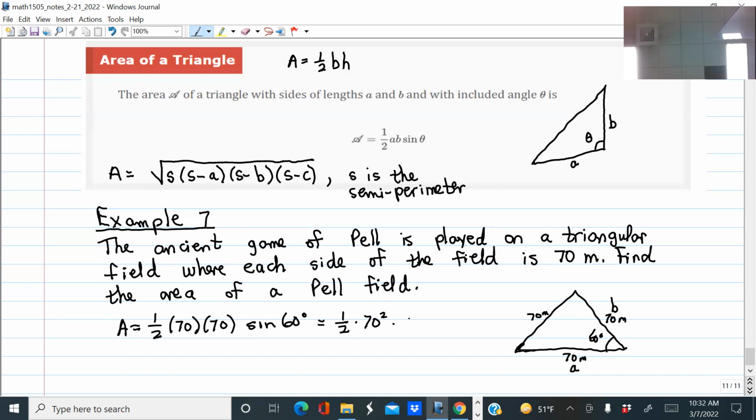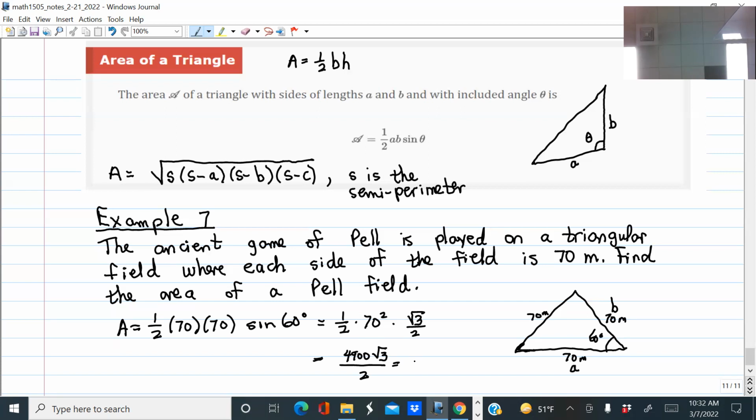What is the sine of 60 degrees? So that is a special angle, so we can compute this exactly. It's square root of 3 over 2. Okay. So exactly what do we get? Well, we get 4,900 times the square root of 3 divided by 2. And you can divide 4,900 by 2.